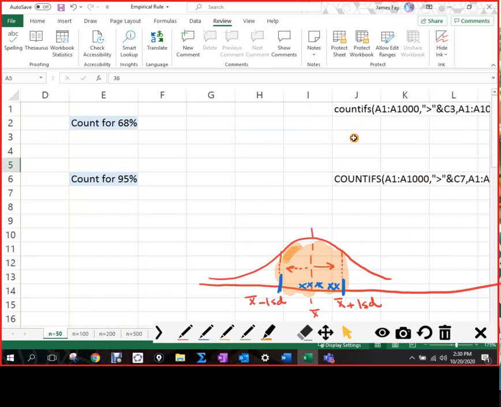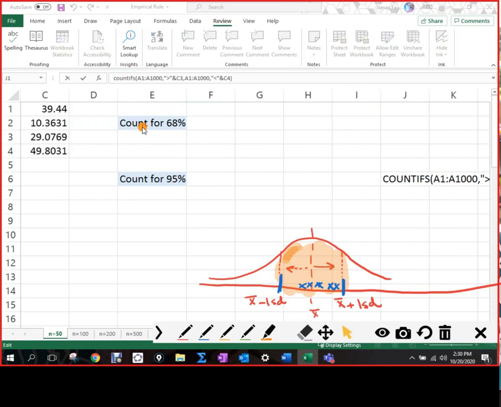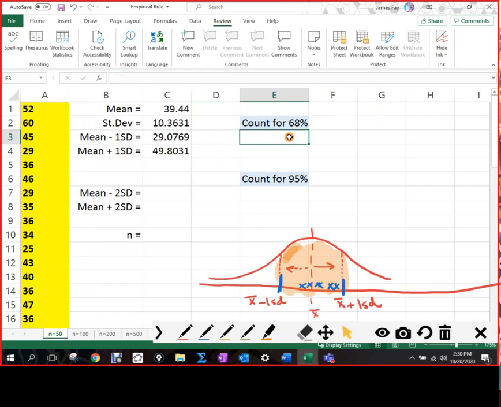But I've created a formula over here. I'm not going to ask you to actually write these formulas, but what this does is it searches through all of my A column, and I go all the way to 1,000. It looks for numbers that are bigger than C3, which is this one here, so bigger than 29.